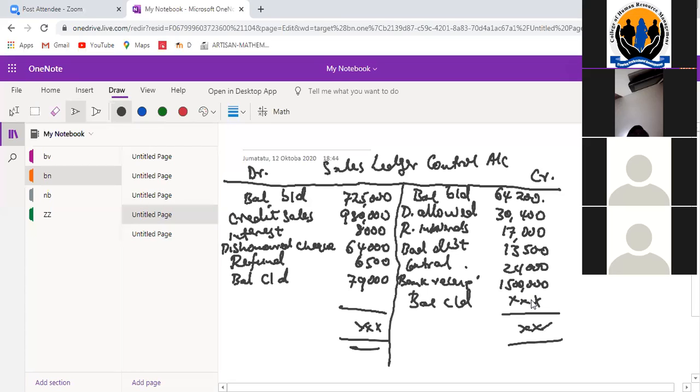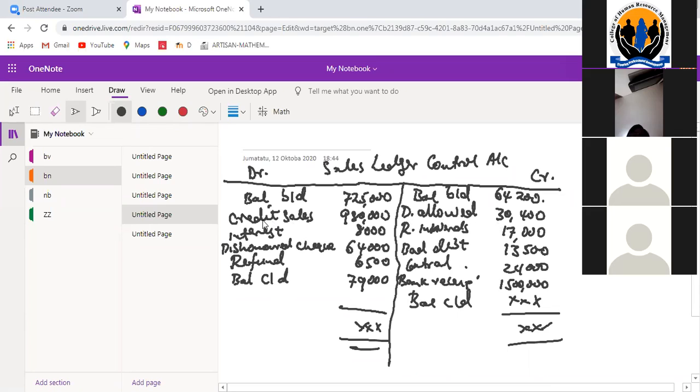So for the sales ledger and the purchases ledger control account, there is no other way you can be tested apart from what I've just explained. But in some cases, you can be given only a single opening balance. If you are given only one opening balance, you just put it as one, and at the end, you also have one closing balance. There's no major thing that we need to discuss about it. But note what goes to the debit side and what goes to the credit side of the sales ledger control account, and do the same for the other.